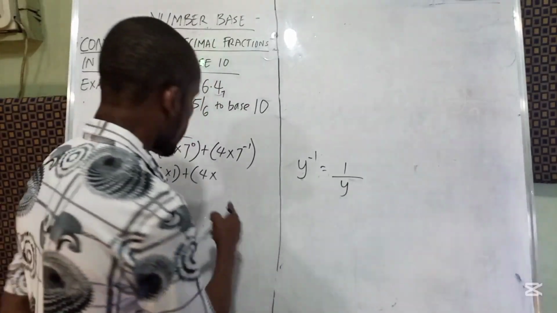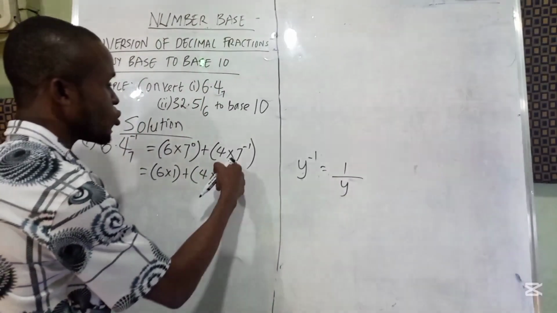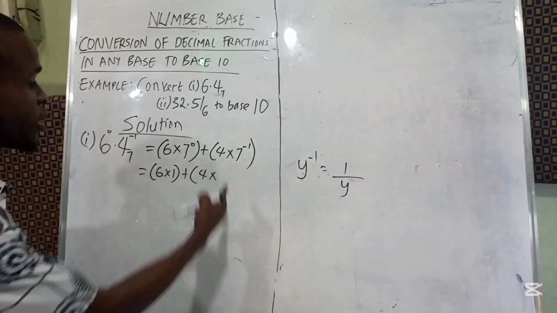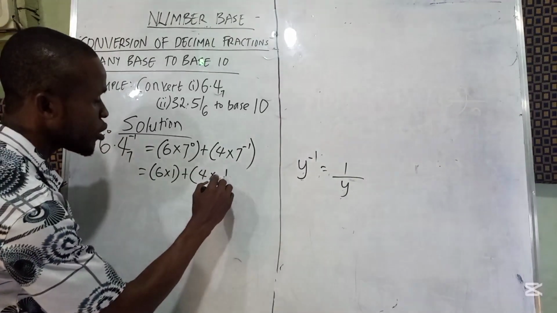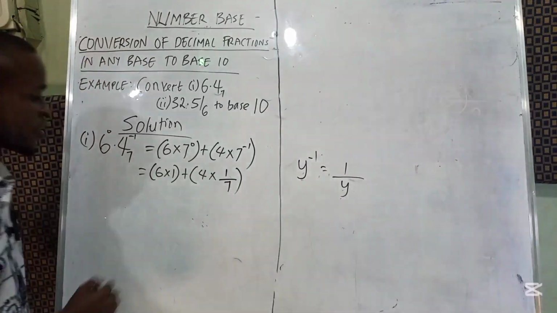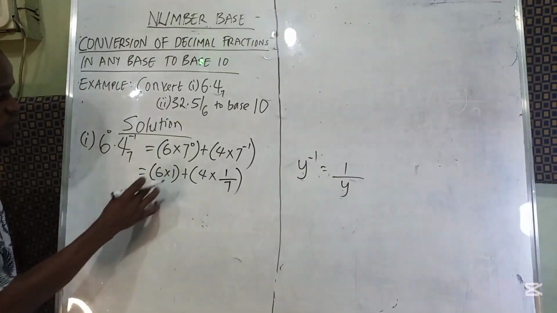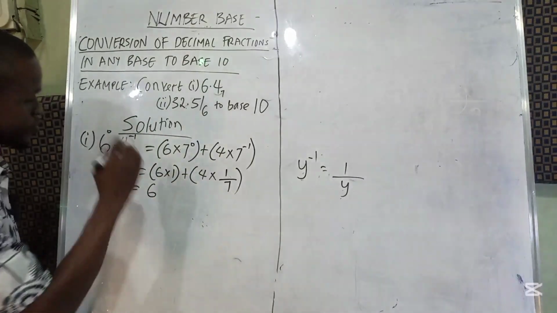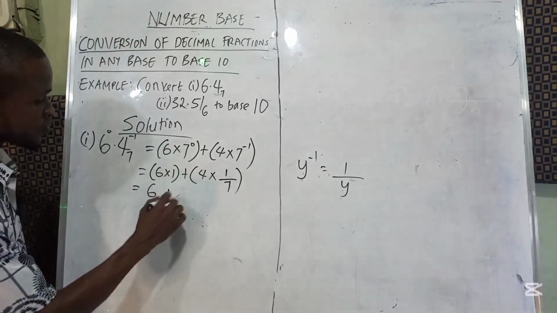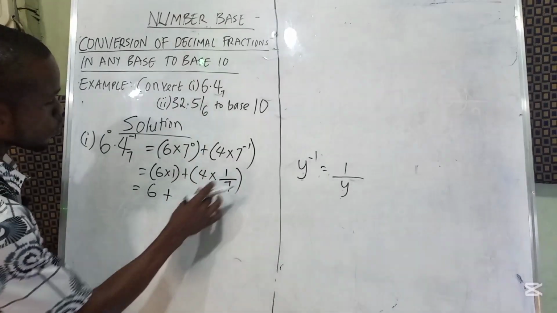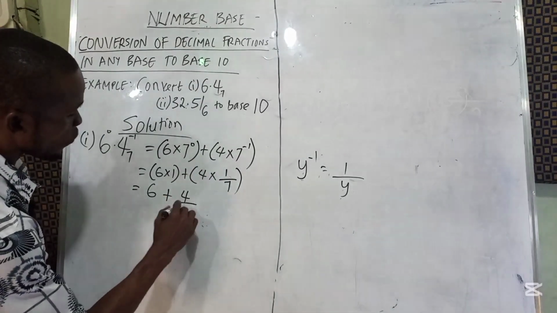So applying that here, 7 raised to negative 1 implies 1 over 7. So this equals 6 times 1 is 6, and plus 4 times 1 over 7 is 4 over 7.